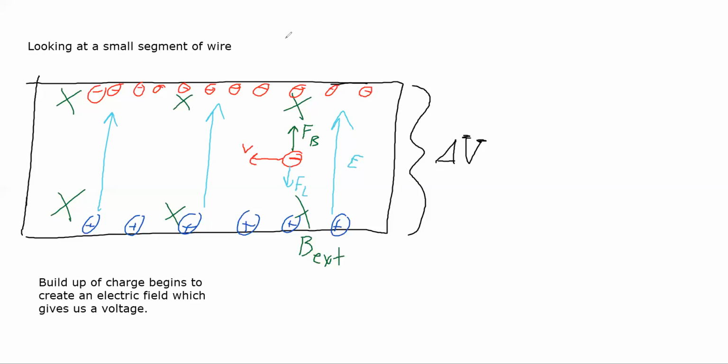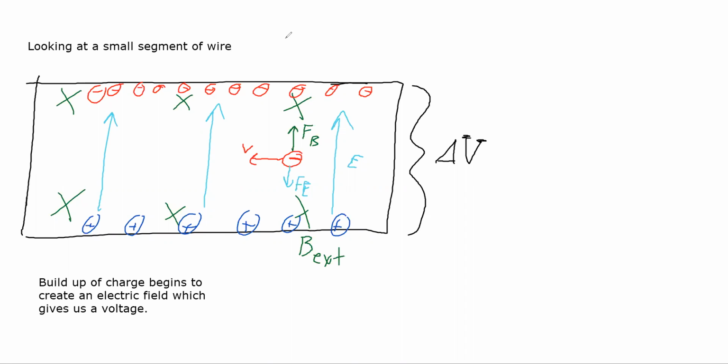So eventually, there's going to be so much buildup in charge that the electric field is going to be strong enough to counter this magnetic force. That electric force is going to eventually counter the magnetic force. That's when it reaches maximum voltage.